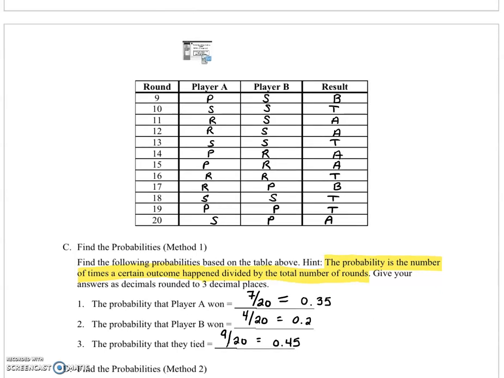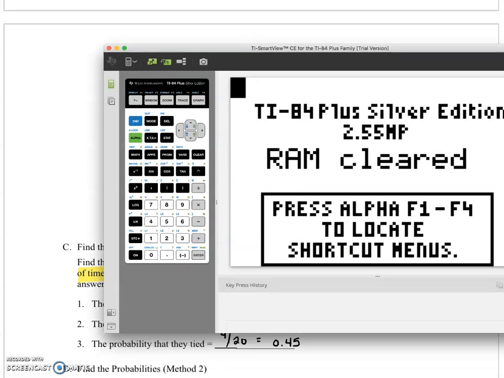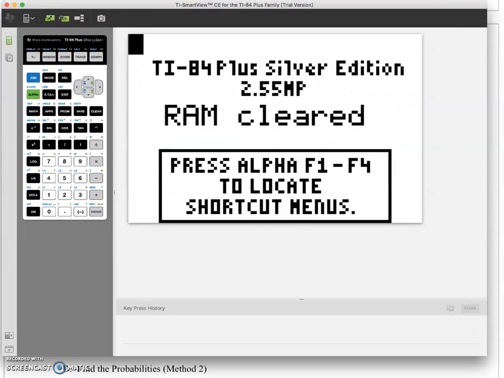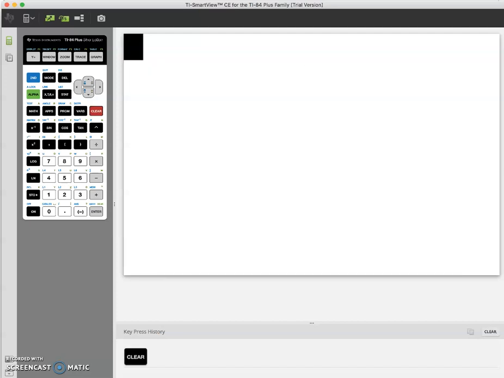And for those of you who are not sure how to put a fraction in the calculator to get a decimal, let me pull up my little calculator here, make it bigger. I wish I could make the actual calculator bigger. But what we're going to do, first I'm going to hit clear.